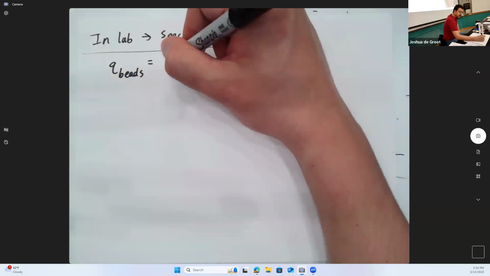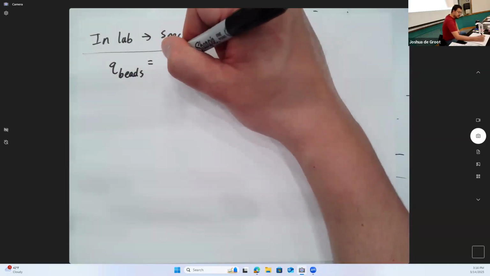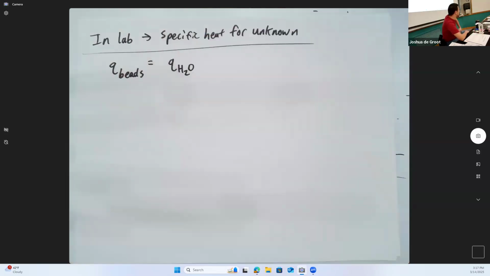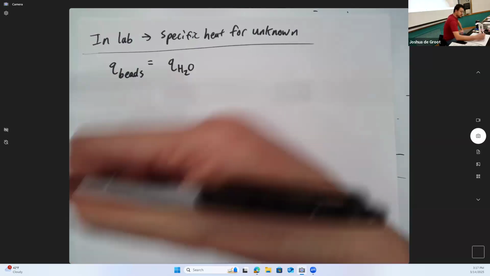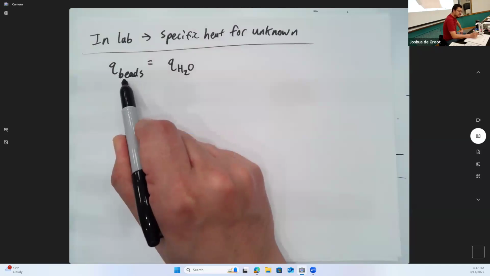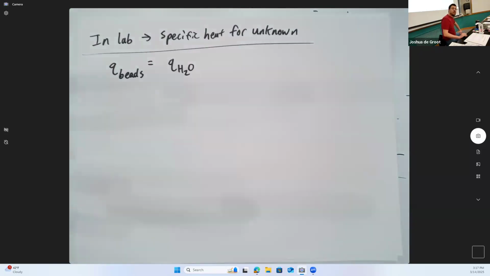Then it transferred heat to the 20 grams of water you had in the coffee cups until the heat transfer was over because they ended up at the same temperature. Heat transfer can only occur when you have a difference of temperatures. When the temperature is the same, it's over. So the amount of heat given from the beads is equal to the amount of heat received by the water.